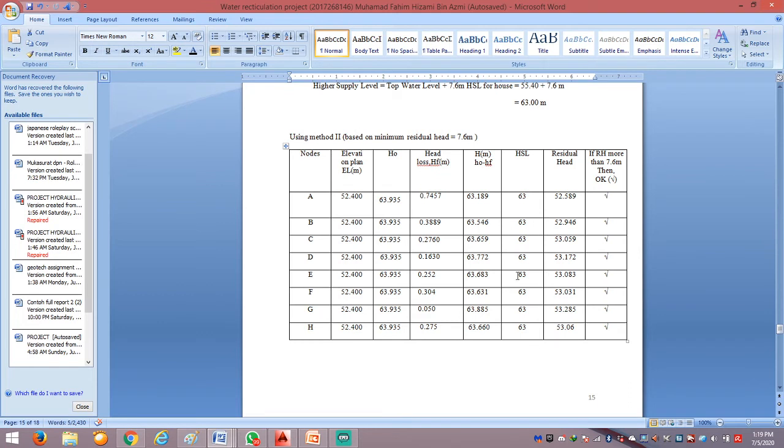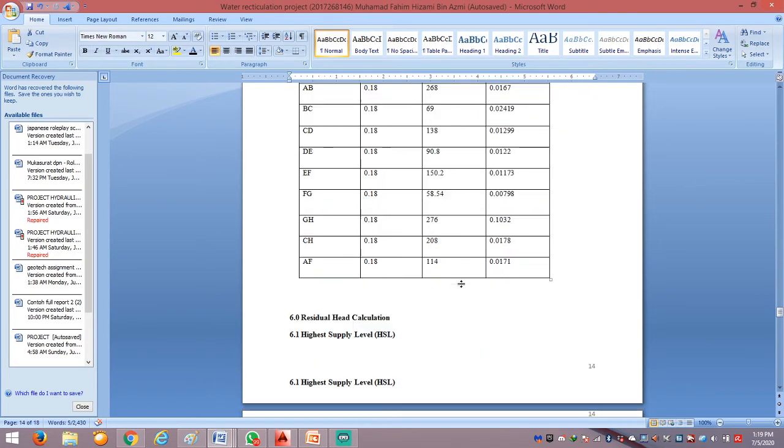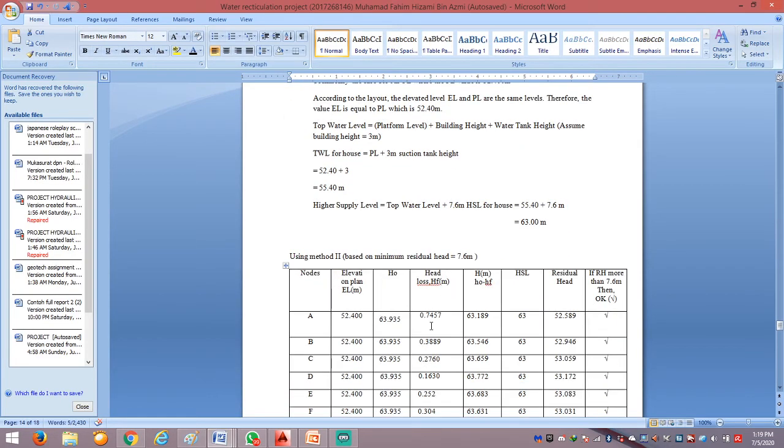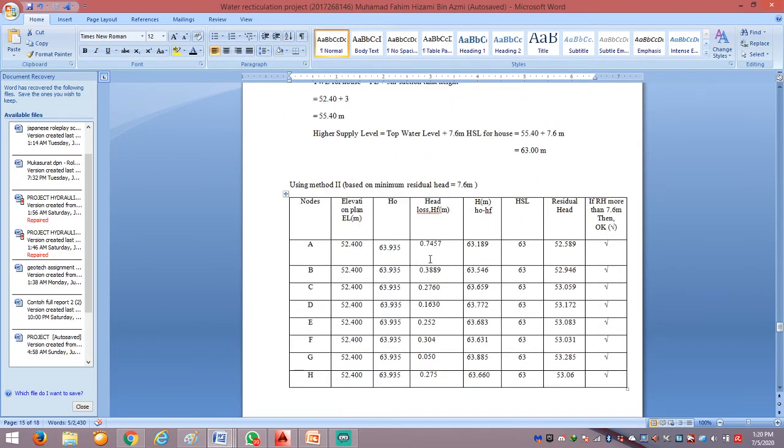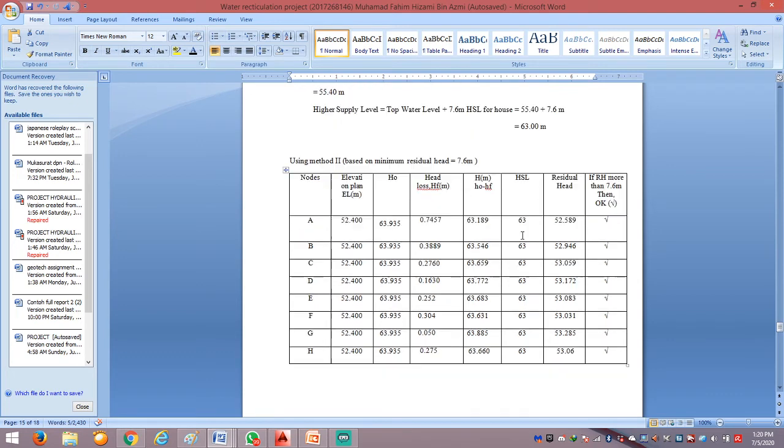So the HO I calculate from the formula given in the notes, and the HF I took from the head loss from the iteration, and the H minus HO minus head loss, so I get the answer. And the HSL I calculate here, above.